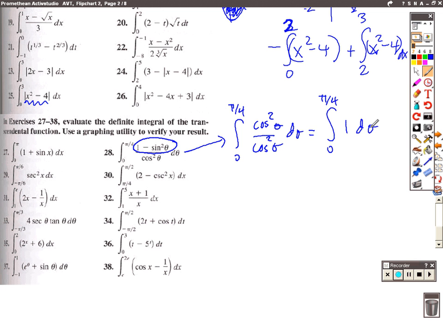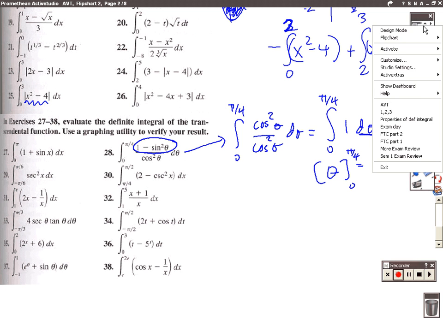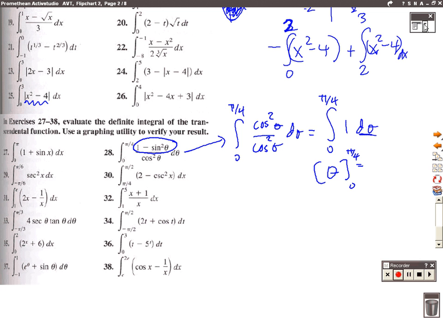And when we integrate 1 in terms of theta, we get theta evaluated from 0 to pi over 4, which is pi over 4 minus 0, which is pi over 4. So that was just a little pre-cal trick there.